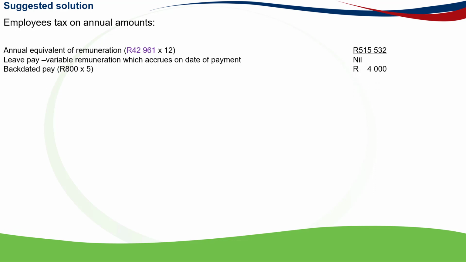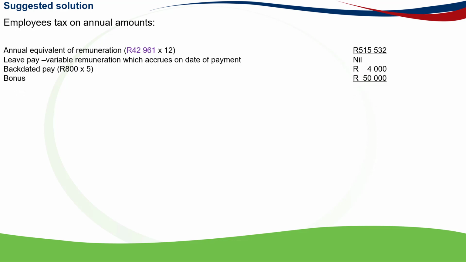The backdated pay is also a variable amount, but as it was paid in December, which is the month for which we are calculating the employees' tax, this 4,000 will be taken into account in the calculation. The 4,000 is the 800 rand increase for 5 months from August, September, October, November, including December. So that is 5 months times 800.